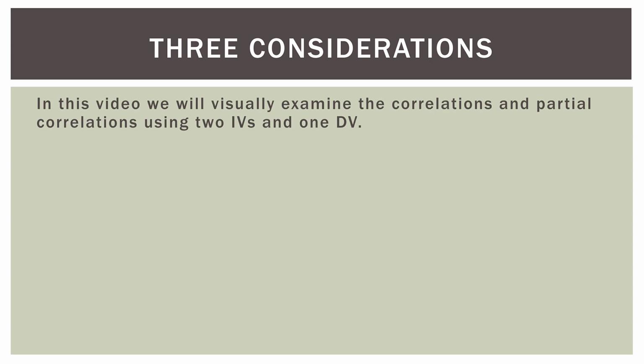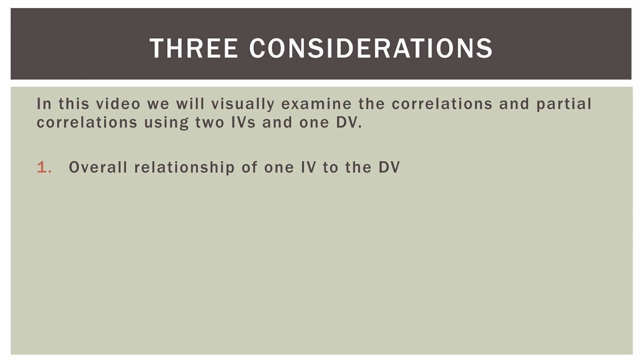So three considerations. In this video, we will visually examine the correlations and partial correlations using two independent variables and one dependent variable, just to keep things easy for this basic introduction. Number one, we will examine the overall relationship of one IV to the DV.